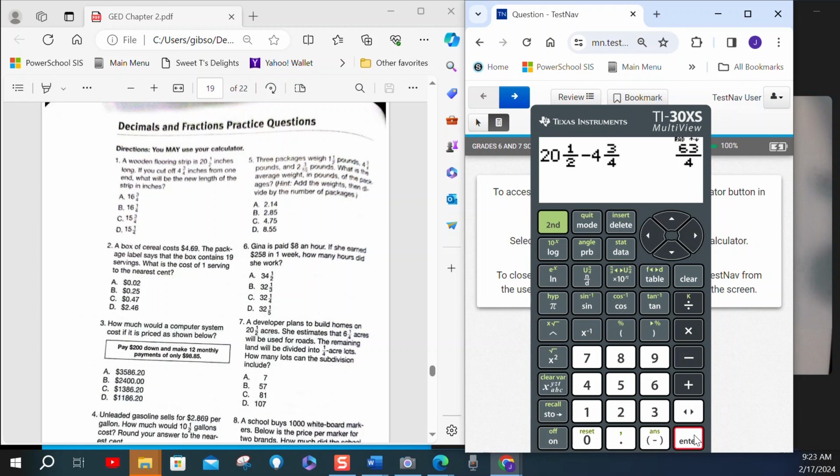So we had 63 over 4. But if you notice, all of our answers are mixed numbers. So we'll do second, the X10 to the N. Okay. I don't know why my calculator is doing this.